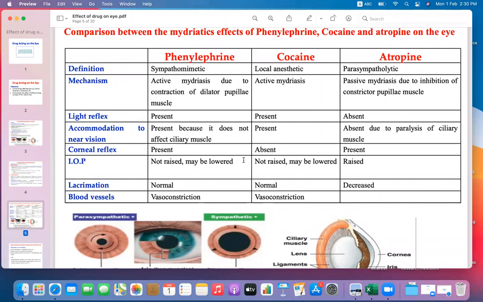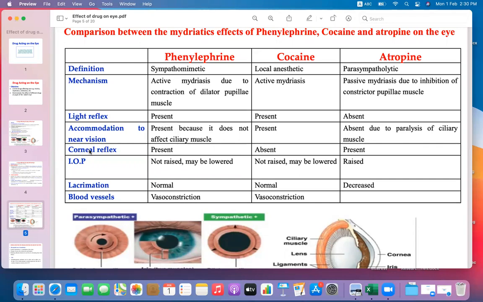Take a cotton thread. After the instillation of the drug, if you instill cocaine and put this cotton thread near the cornea of the rabbit eye, the rabbit eye will not give you a reflex, means the rabbit will not close its eye, and we can say the corneal reflex is absent.